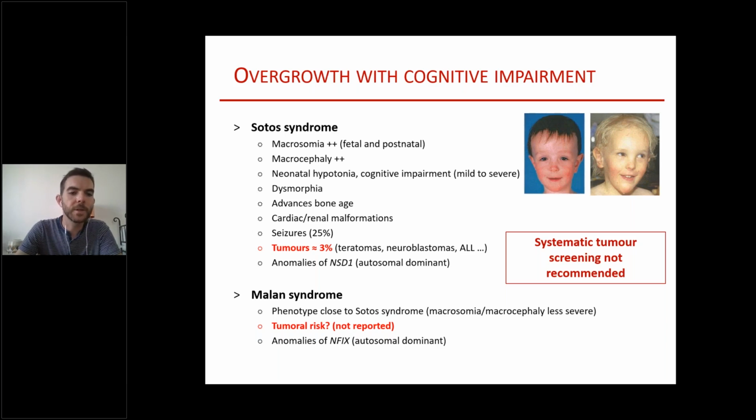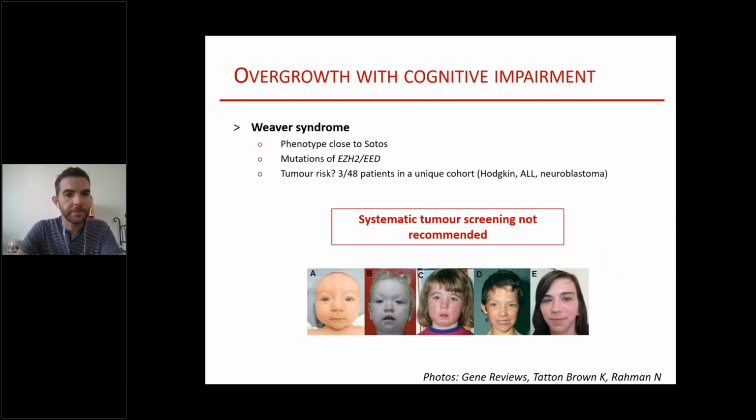The Malan syndrome is associated with anomalies of the NFIX gene. And finally, the Weaver syndrome has been associated with mutations, especially of those 2 genes that are called EZH2 and EED. So for Weaver syndrome, no systematic tumor screening has been recommended.